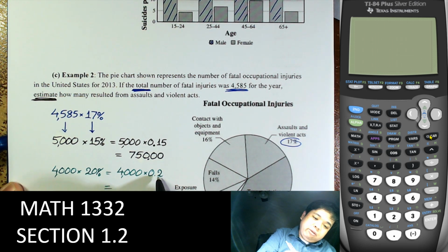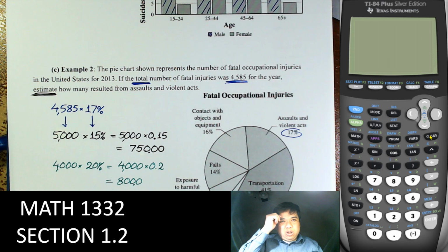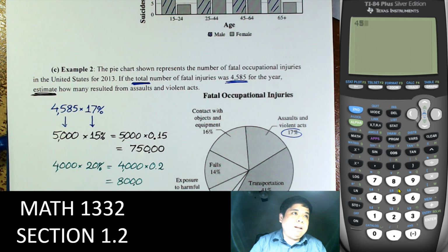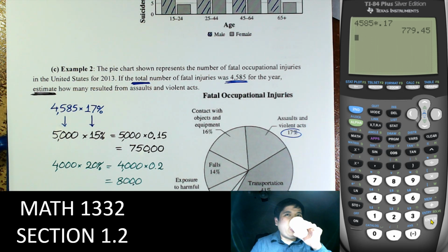Now 2 times 4 is 8, and then 3 zeros, but there is one decimal place, so about 800. So 750, 800. Right, if we have the calculator, 4,585 times 17%. Right, so our estimate of 750 or 800. Oh, that's good.